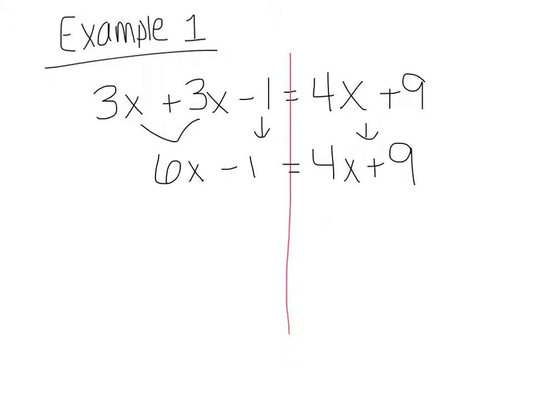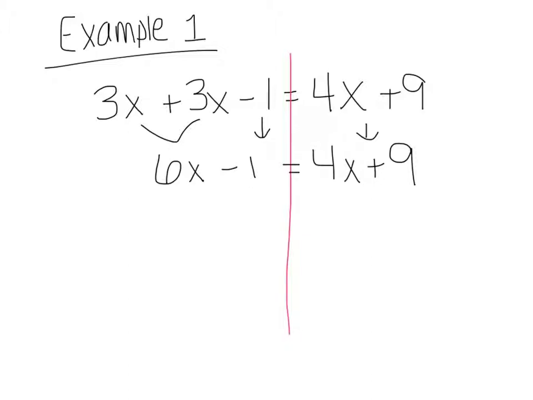Alright, now I'm looking, and again, I'm kind of just starting here by picturing an equation mat, and I would see that I would have 6x tiles on the left and a red unit tile, and I would have 4x tiles on the right and 9 unit tiles. Well, I've got to get my x's positive and all on one side in order to solve my equation.